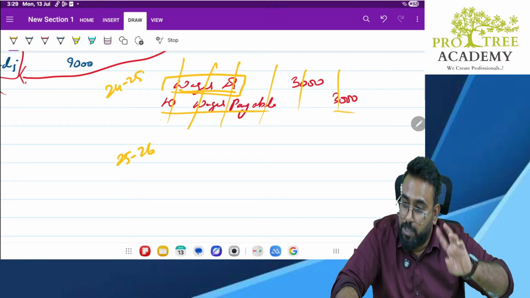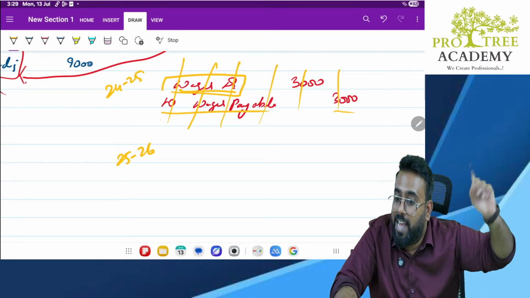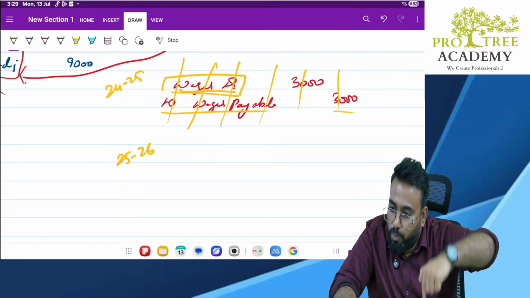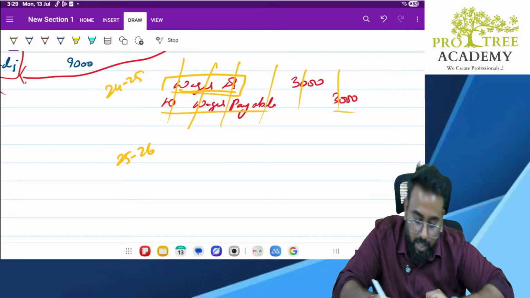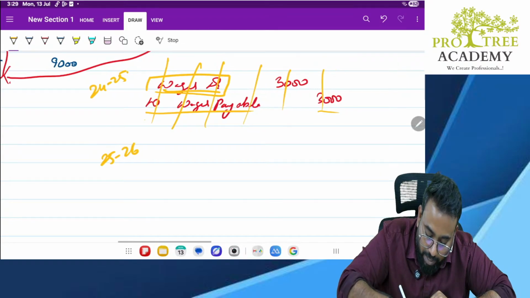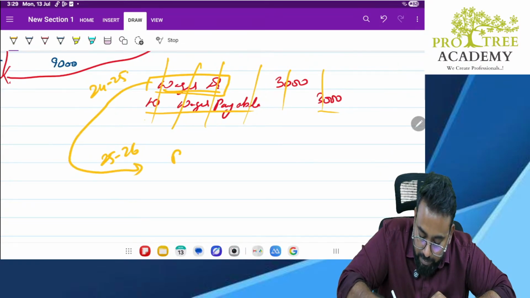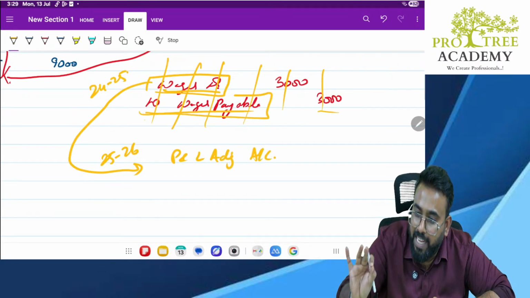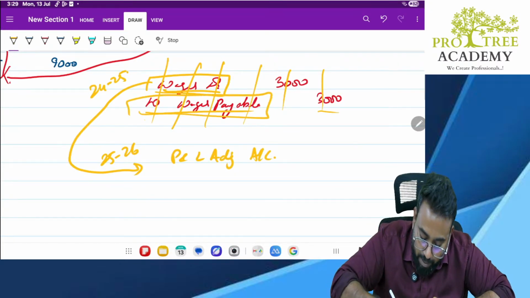No. It was expense of last year. In last year, that expense would have gone to P&L account. So now also you bring it to P&L only. So this part will come as P&L. This part will remain as it is because it is a liability account.